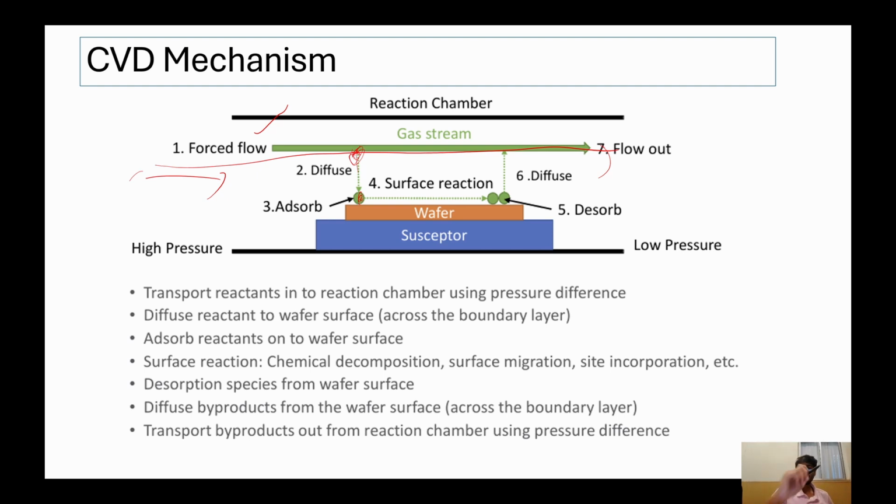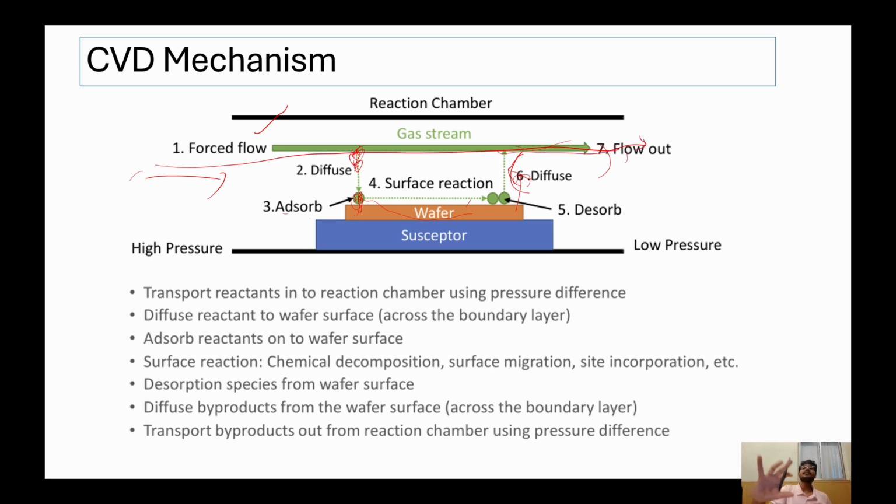There should be diffusion and adsorption of that precursor at the wafer, and there should be a surface reaction, and then there should be desorption of the byproducts, and these byproducts should get diffused again towards the flow, and then it should be flown out.